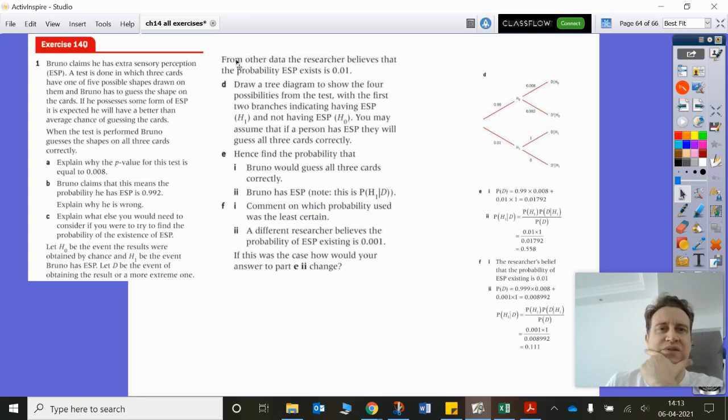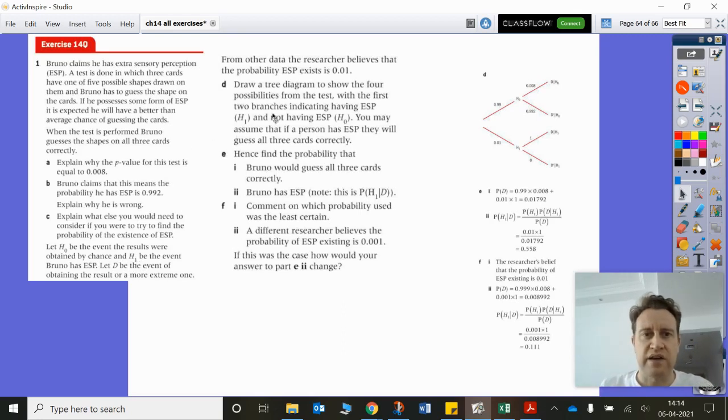So then it says, from other data, the researcher believes that the probability of ESP exists in 1% of the population. So draw a tree diagram. Unfortunately, they give us some advice as to how to draw the tree diagram here. So draw a tree diagram to show the 4 possibilities from the test, with the first 2 branches indicating having ESP. Okay, and having ESP, that's the decision from the test.